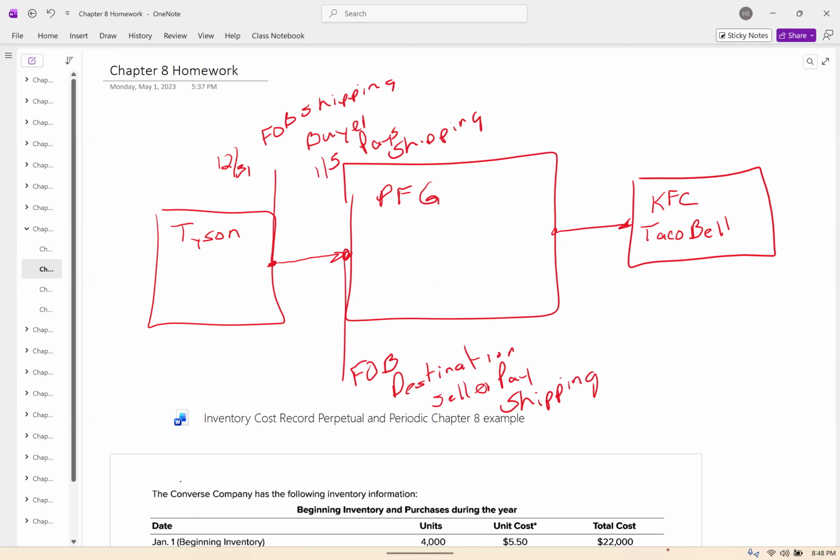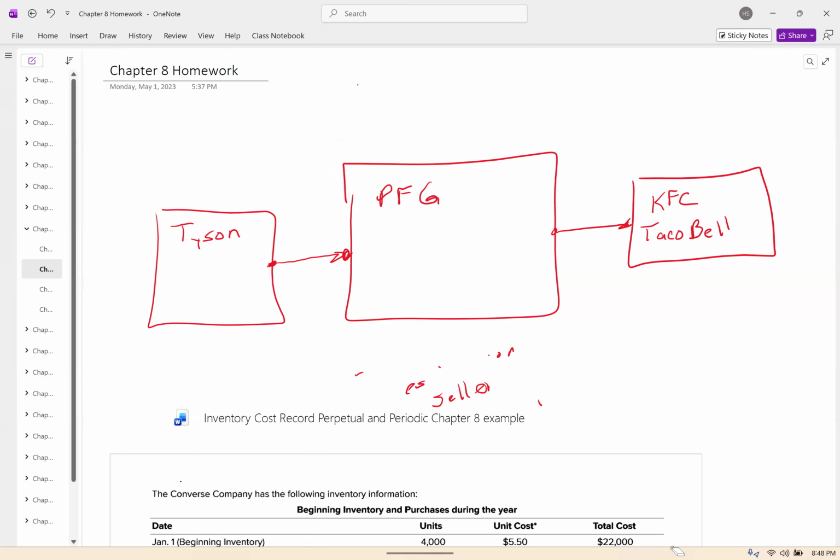The other thing dealing with shipping point: any shipping that is from here to here coming into our business, pretend we're PFG, shipping to get our inventory into the business, that is an inventory cost. It is what they call above the gross profit line.